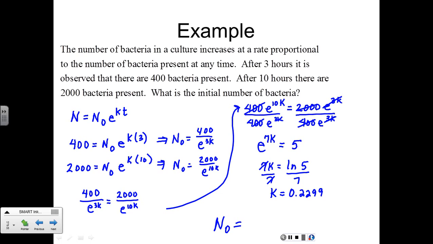I may have to do some parentheses stuff here to get this right. 400 divided by, open parentheses, 3 times 0.2299, close parentheses, e. On my calculator, y'all might have better calculators than me, equals. Tell me what y'all get.